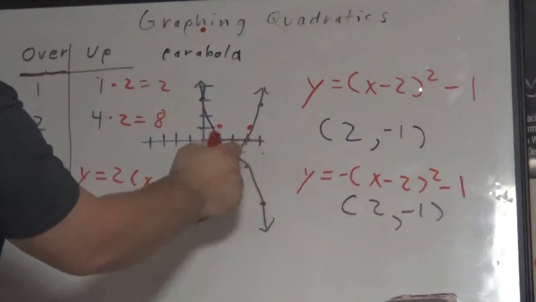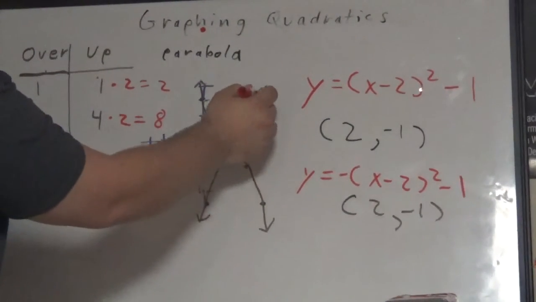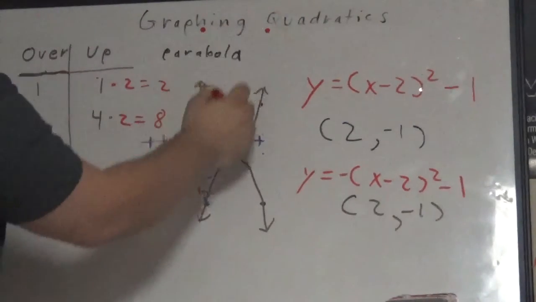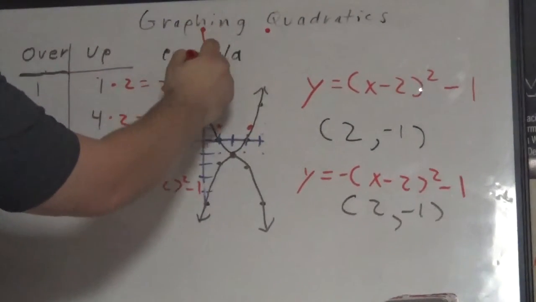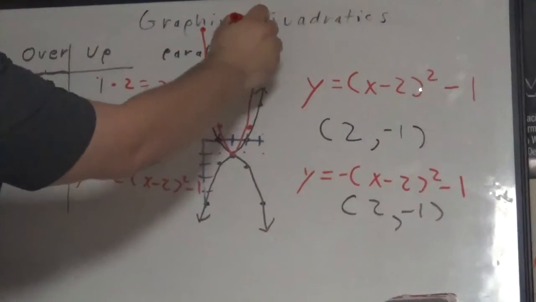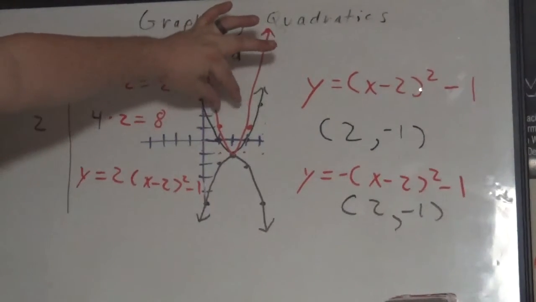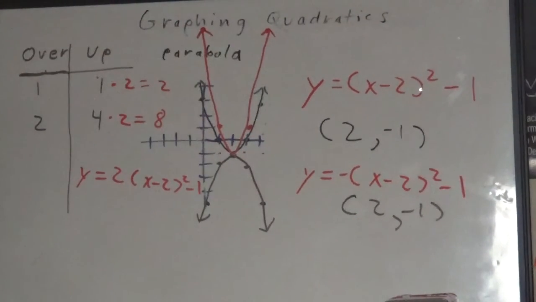From the vertex, 1, 2, 3, 4, 5, 6, 7, 8. We're going to have a narrower graph. Now, I didn't draw it perfectly, but you can see the point of it. So we're narrowing the graph, and all we're doing is changing the output.